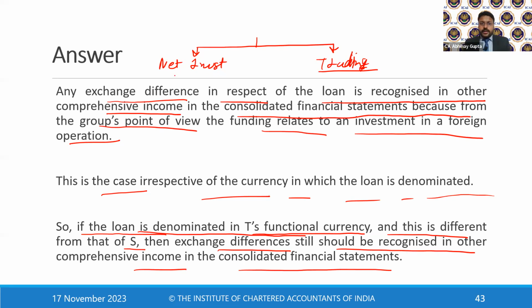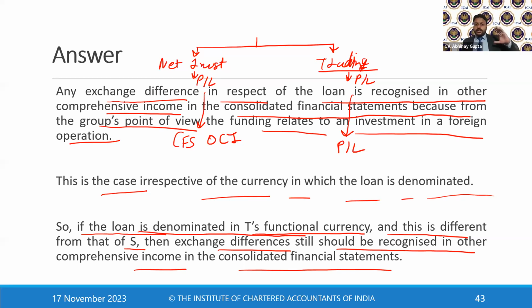Now, in standalone financial statement, exchange gain or loss, P&L. In consolidated financial statement, exchange gain or loss, OCI. Clear through this chart?